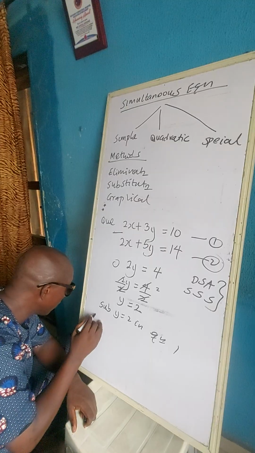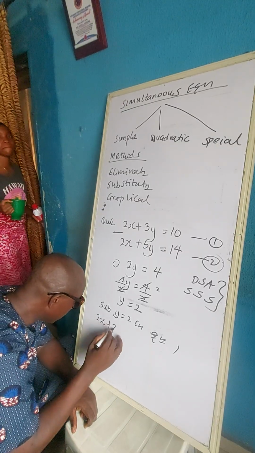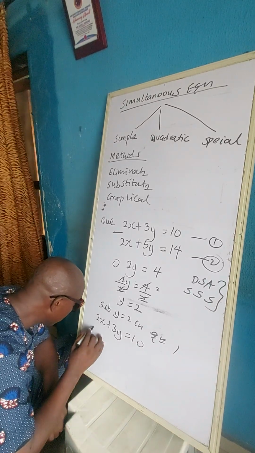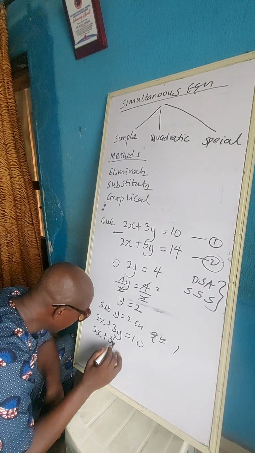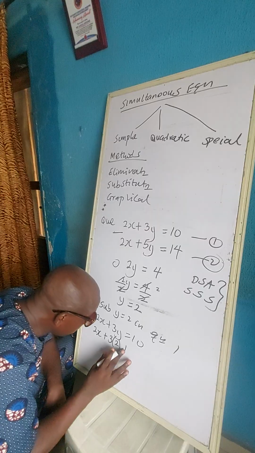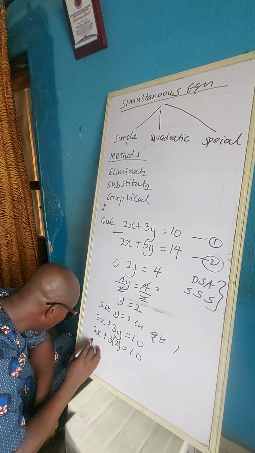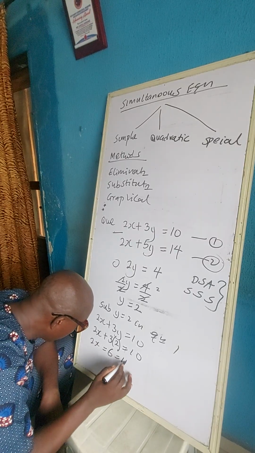y equal to 2 in equation 1. Equation 1 says 2x plus 3y equal to 10. It means 2x plus 3 bracket open 2 equal to 10. It means 2x plus 3 times 2, 6, equal to 10.